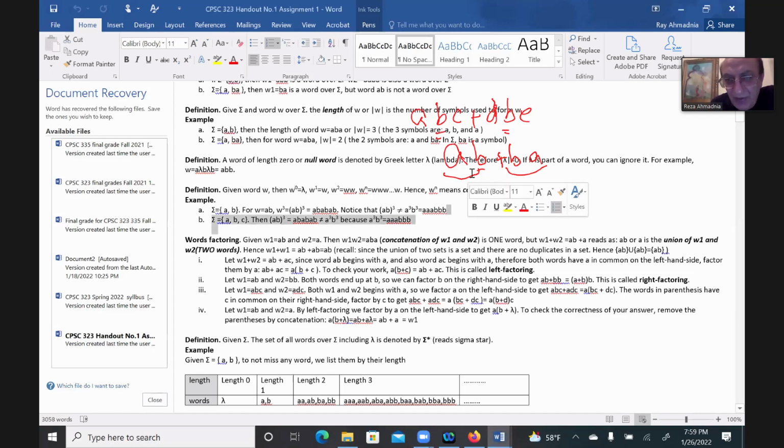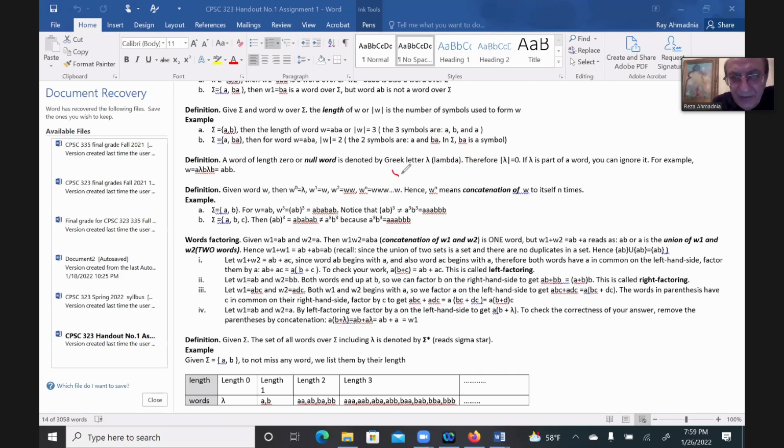So if sigma is A and B, what is sigma star? The set of all words which are combinations of A and B, including lambda.